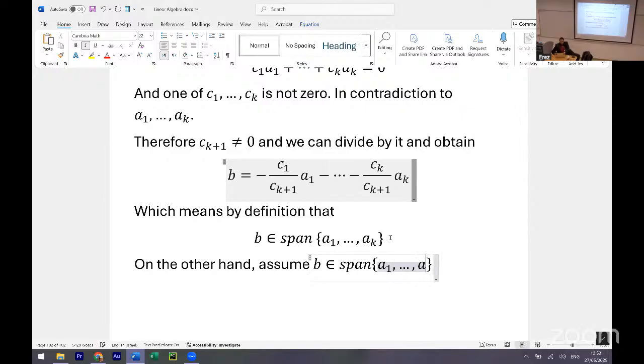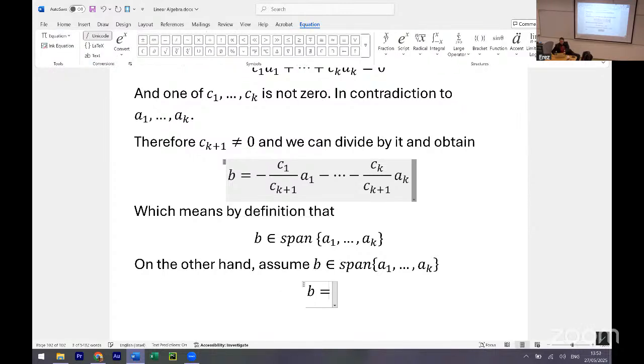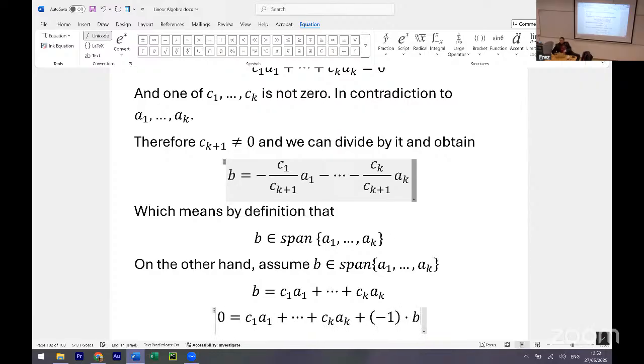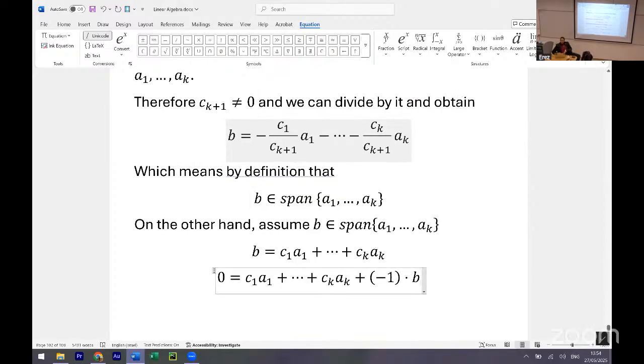That tells us that we can create B by some linear combination of A1 to AK. Agreed? Take the B to the other side, and you get that 0 is C1 A1 plus ... plus CK AK plus -1 times B. Agreed?